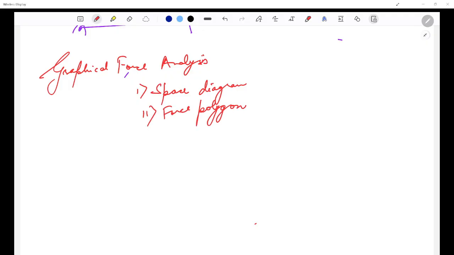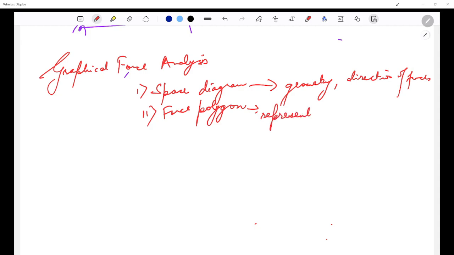So space diagram essentially shows the geometry of the mechanism and direction of forces, and force polygon basically represents forces as vectors.